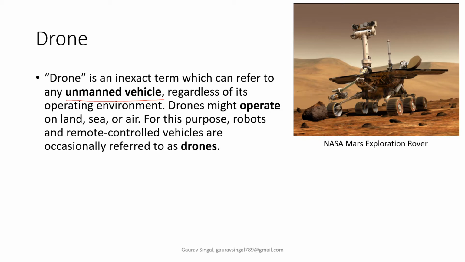A drone might operate on land, on sea, or in the air. So what we knew till now was that drone is only for aerial vehicles. No, it could be anything. But the property is that it is only an unmanned vehicle. Okay. So for this purpose, robots and remote control vehicles are occasionally referred to as drones.